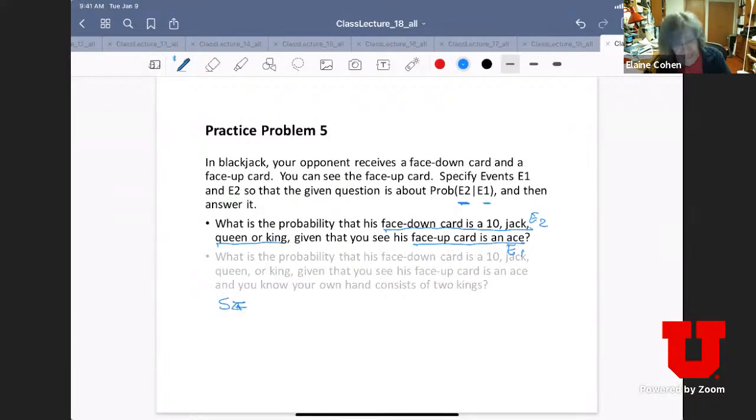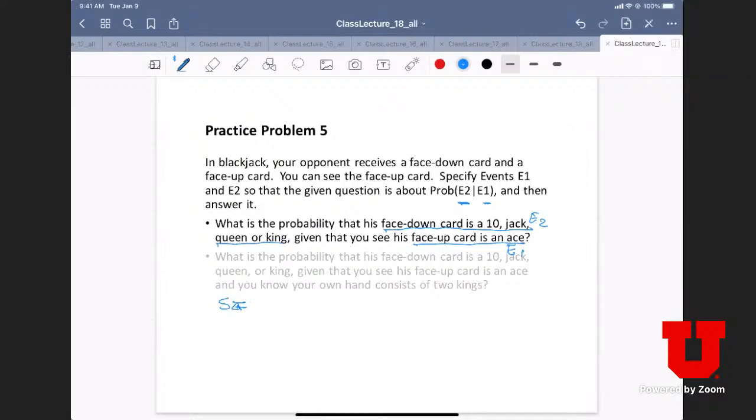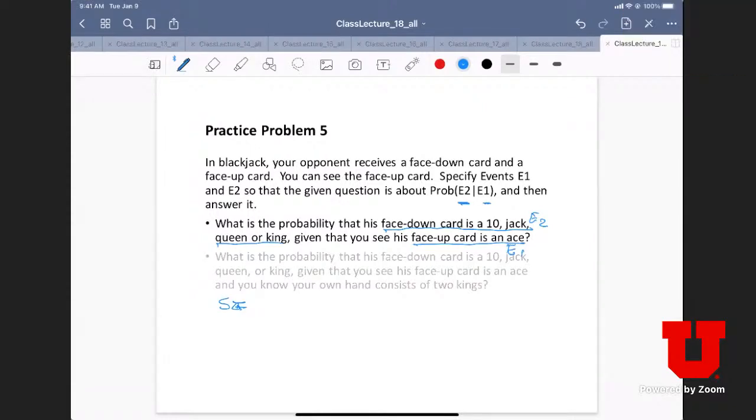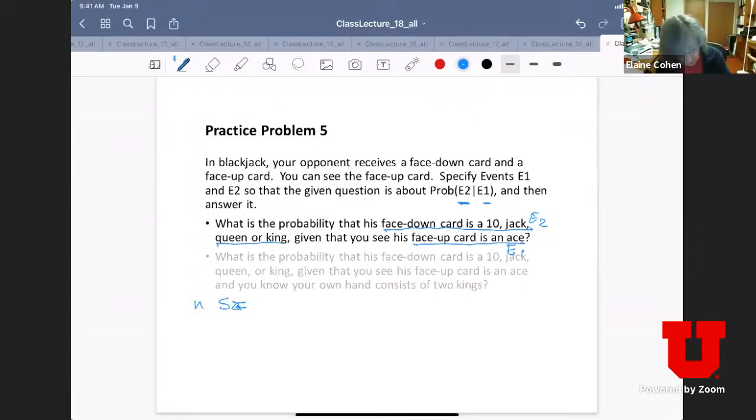Our sample space for this problem is what? The full deck minus 1 ace. You only see 1 card. So the number of outcomes is 51, possible things that he could have.